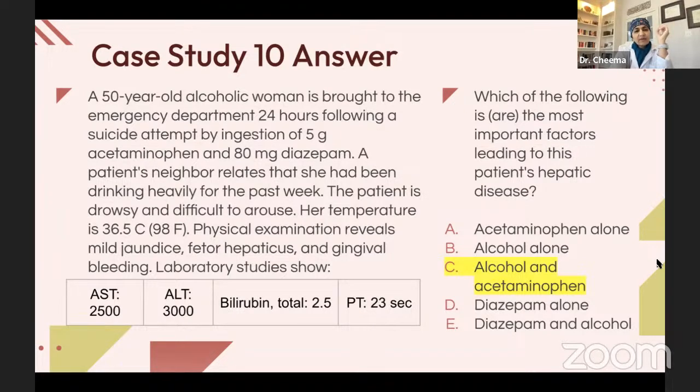So infectious hepatitis due to hepatitis B virus is responsible for half of the cases of fulminant hepatitis in the United States. And fulminant hepatic failure carries about a 60% mortality rate. The drug that is the most frequent non-viral cause of fulminant hepatic failure is acetaminophen, because acetaminophen produces liver injury in a dose-dependent fashion.